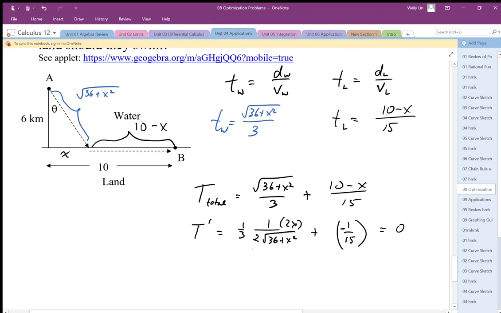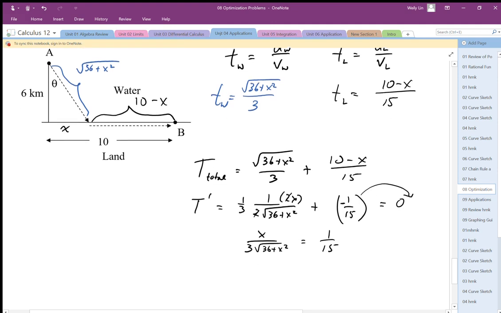Now I have my equation, and I'm going to simplify it a little bit. Setting it equal to 0, I get x over 3 root 36 plus x squared equals 1 over 15 on the other side. I'm going to move that 15 to that side and solve this equation. Cross multiplying, I get 5x equals the square root of 36 plus x squared.